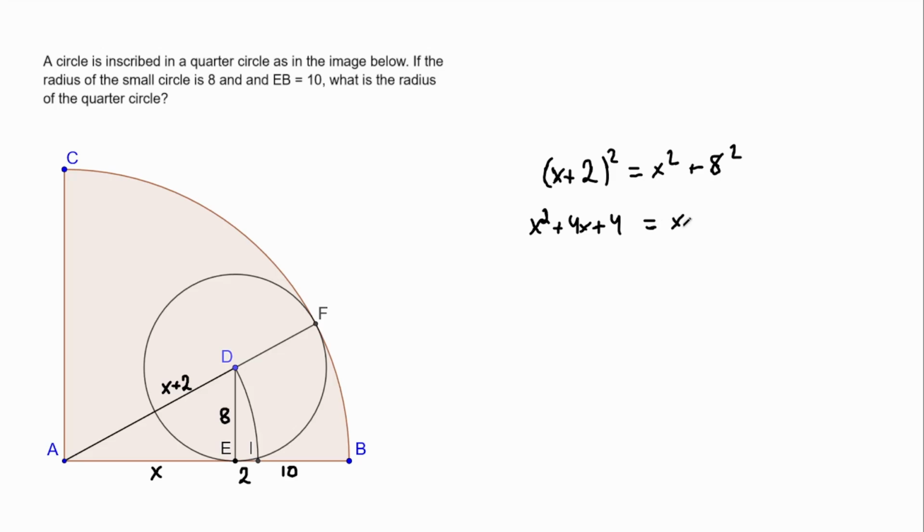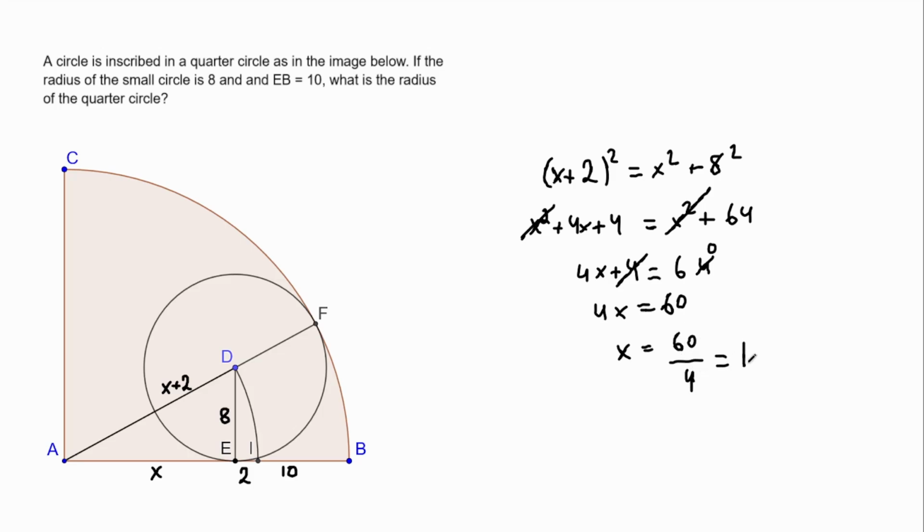And here we still have x squared, and 8 squared is just equal to 64. And now we see that x squared terms on both sides just cancel out, and we're left with 4x plus 4 is equal to 64. Now subtract 4 from both sides, and we end up with 4x is equal to 60. And now if we divide both sides by 4, we get that x is equal to 60 divided by 4, which we can compute to be 15.